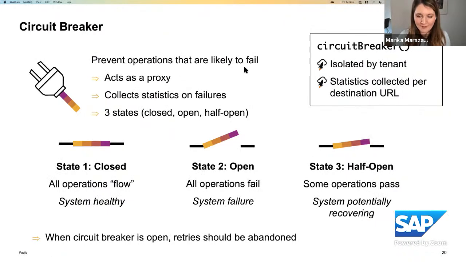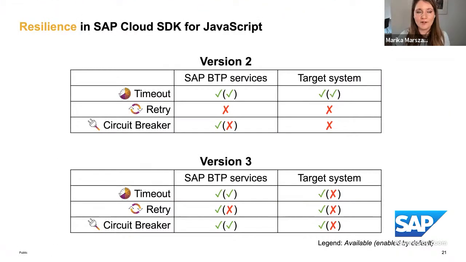Okay, so let's take a short overview of resilience in the past and now. In case you used resilience in the past, you might be aware of some features, but I wanted to compare that a bit to make clear what was available and what has changed.